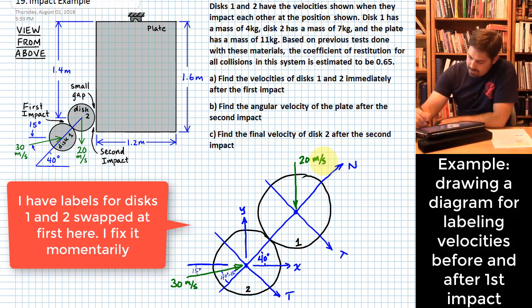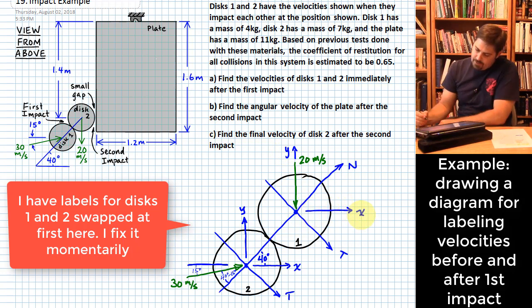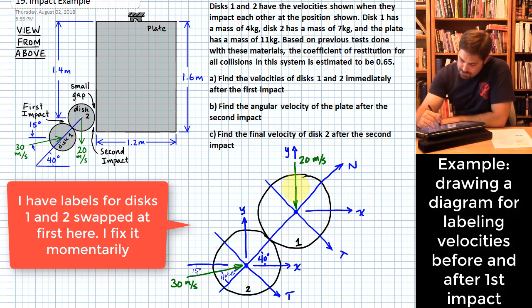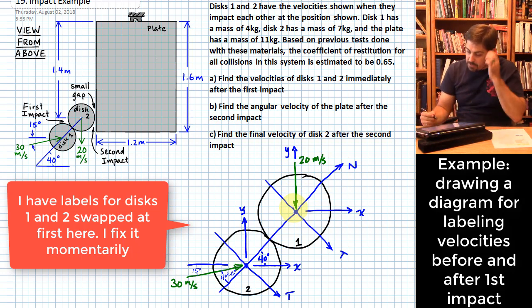So this is my y direction, and this is my x direction. I've got 20 meters per second sliding down like this, and I don't have to split that into x and y components because it's entirely in the y.